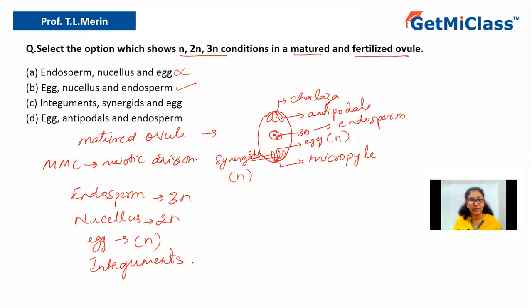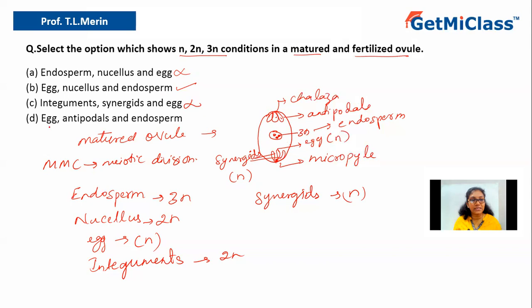And synergids, here you saw the synergids. Synergids are haploid in nature, because they have been formed by meiotic division from the megaspore mother cells. So synergids are haploid, but egg again is haploid. Hence, this is ruled out because we are looking for N, 2N and 3N.